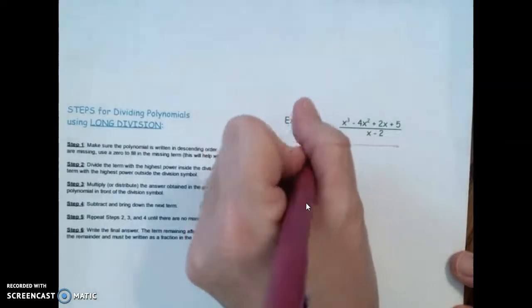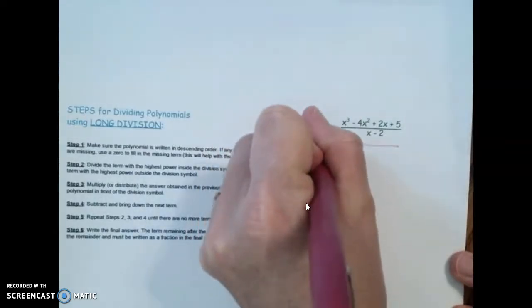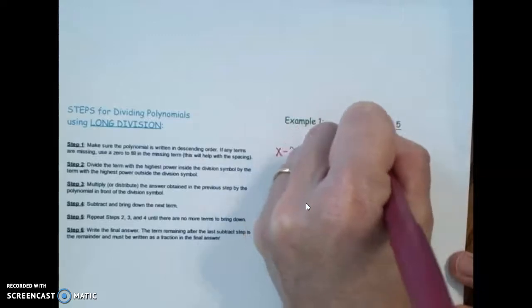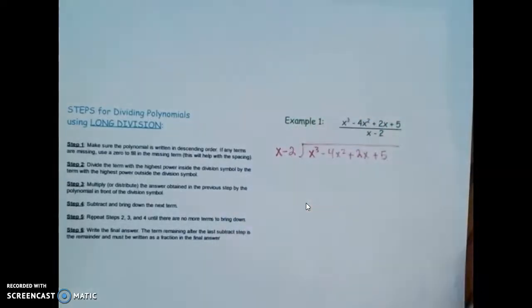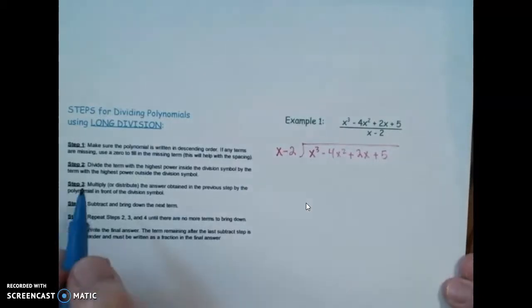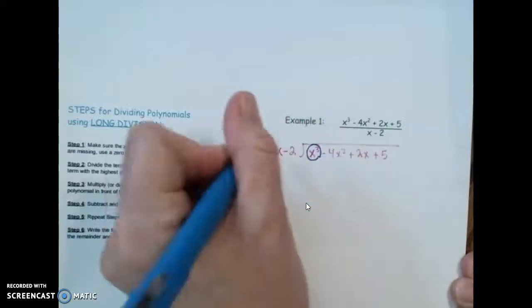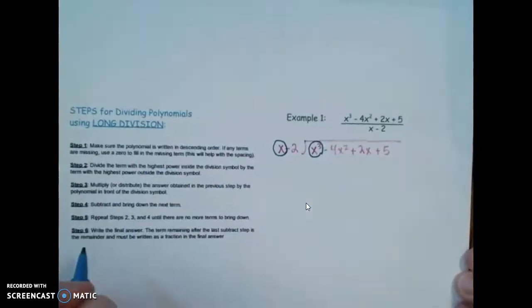And then we're going to put our dividend inside. So then you're going to start your process. So we're going to divide first term by first term.